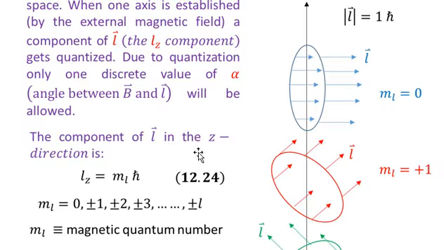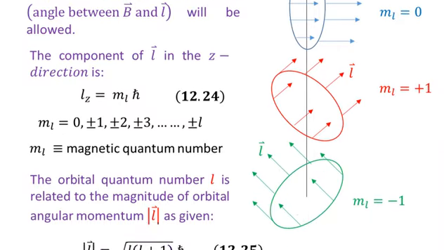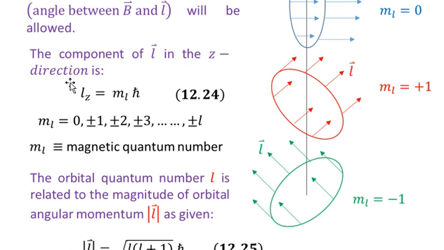The component of L in the Z direction is Lz equal to ml times h bar. So this is how we can find the value of the projection of the angular momentum vector L in the Z direction, which is given by Lz.